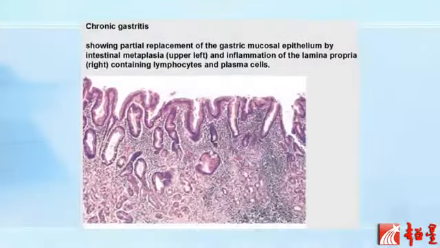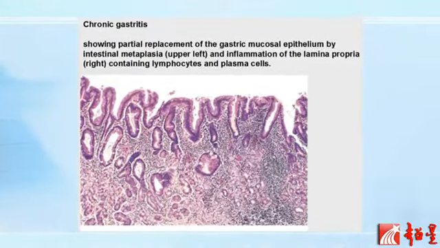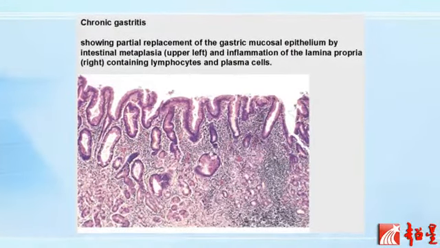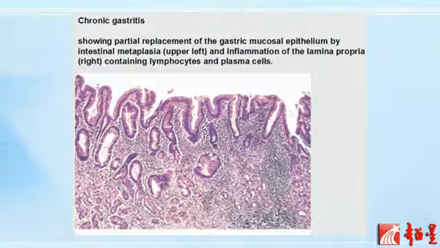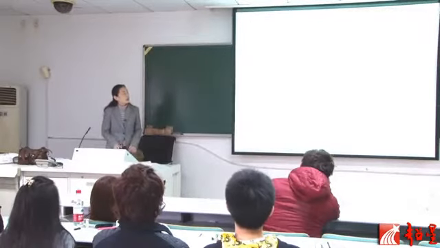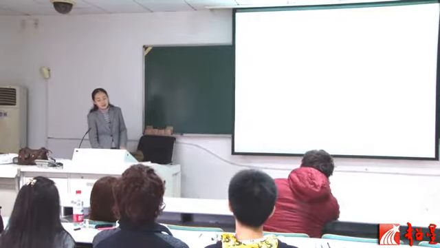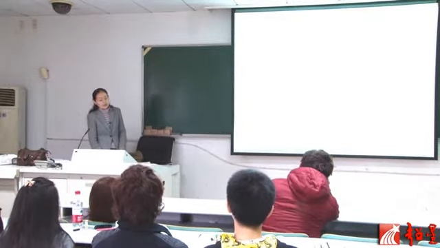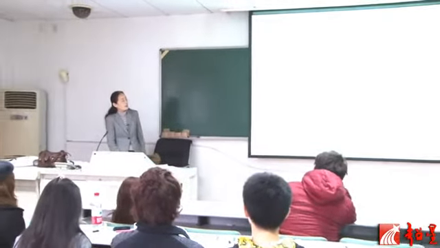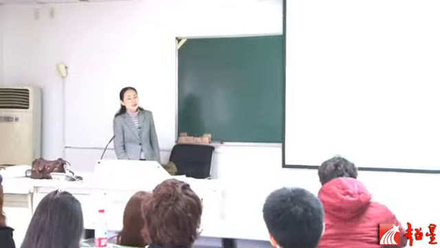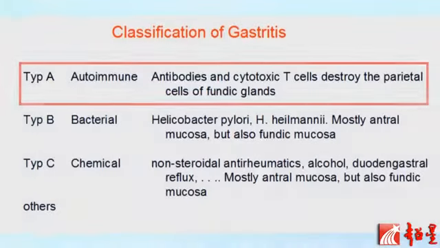And also we can see in this area, the glands are atrophied. And for the chronic gastritis can be divided three types, type A, type B, and type C. Type A is associated with this cytotoxic T cell and antibodies.